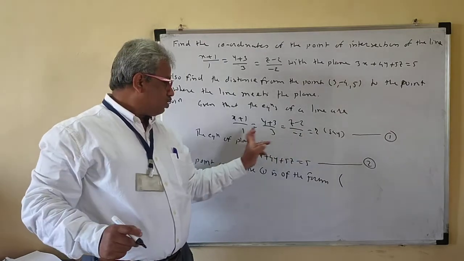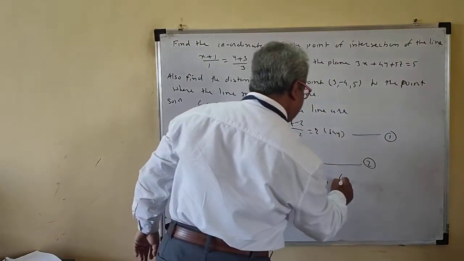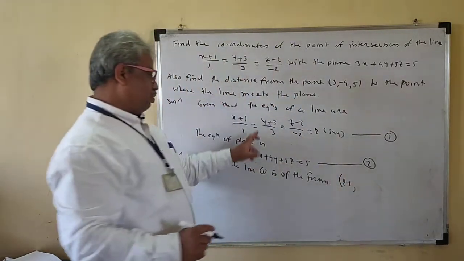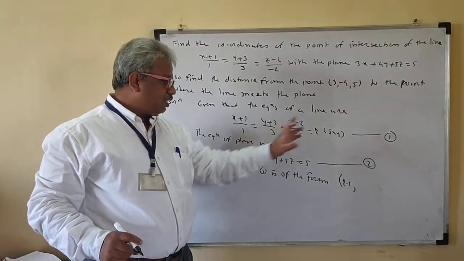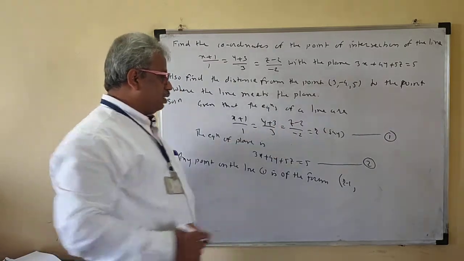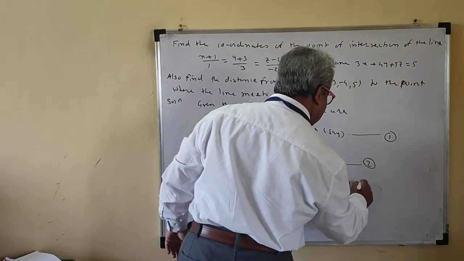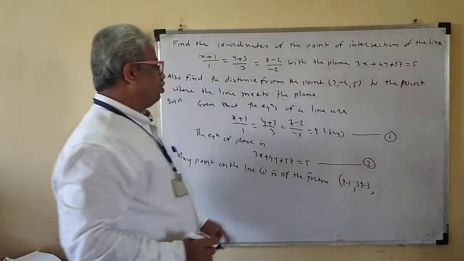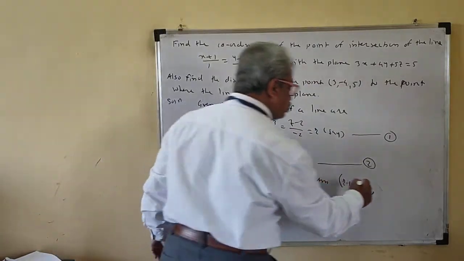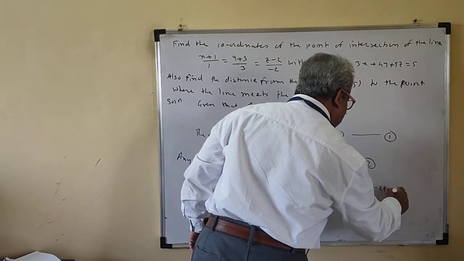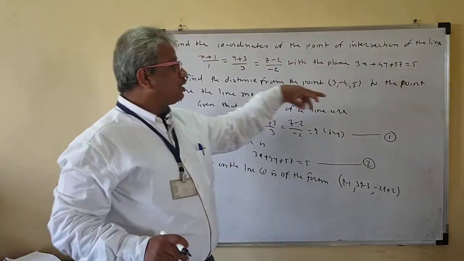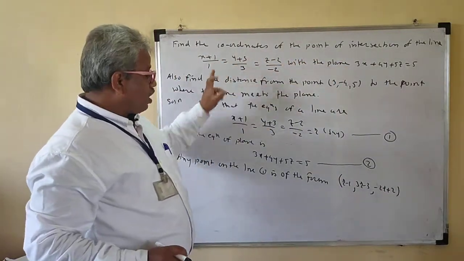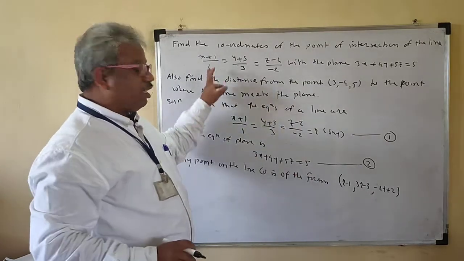Now y + 3 upon 3 is equal to r, so y = 3r - 3. And z = -2r + 2. Okay, so what we have to do? Find the coordinates of the point of intersection. This is the general point on the line, any point on the line.